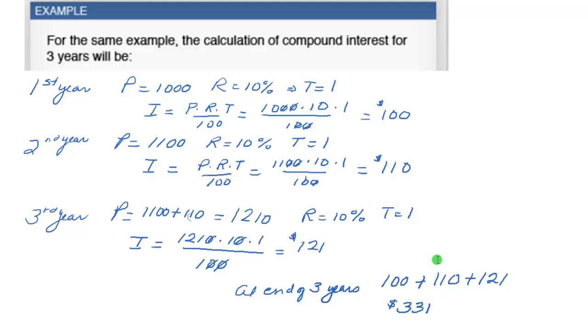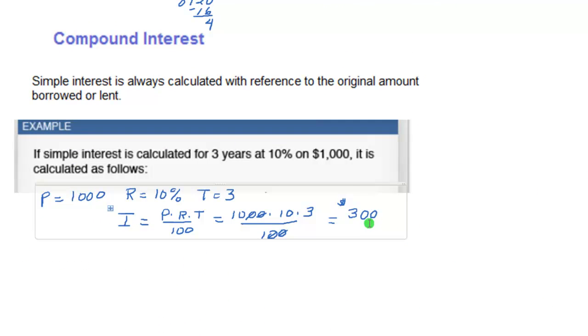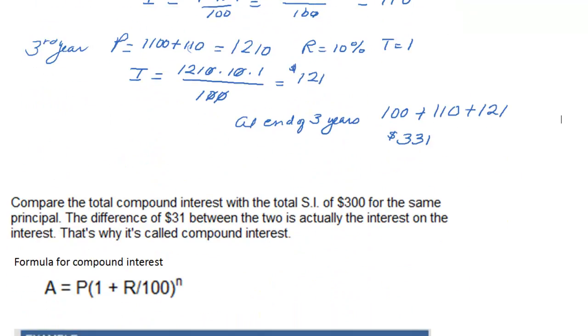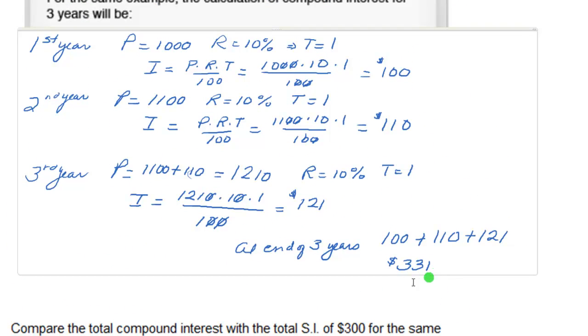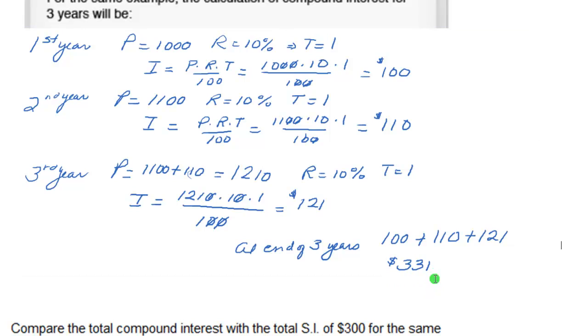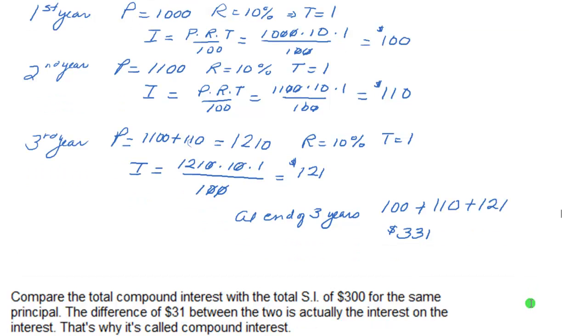Okay, so that's different than what we got in the simple interest, because for the simple interest, if you recall, we earned $300. And this is the interest on the principal of 1,000. The extra $31 here that you get with the compound interest is actually going to be the interest on the interest that you earned before. And that's the difference. You're earning more money with the compound interest than you do with the simple interest, right?